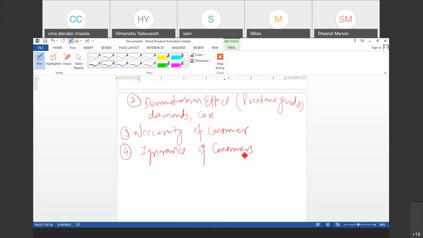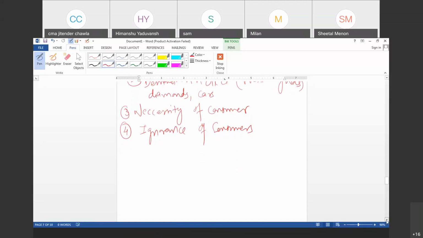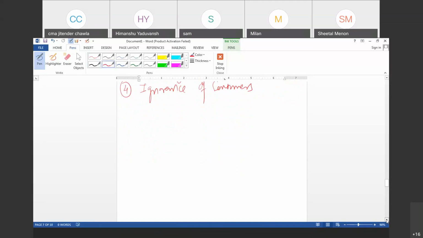Next one is, I want to start with different type of demand curve shapes with respect to different factors. So first I'm taking income demand.